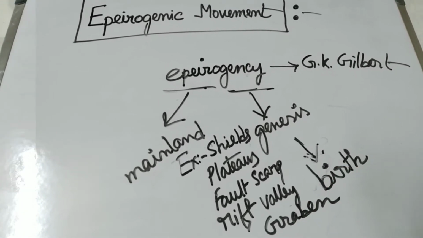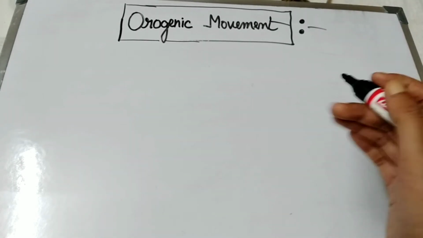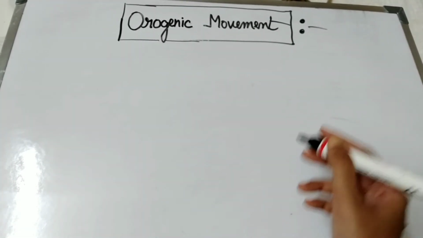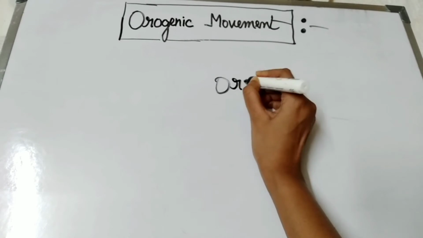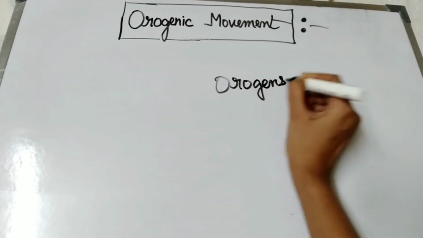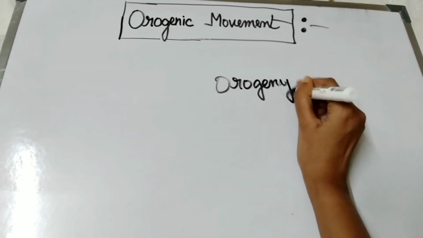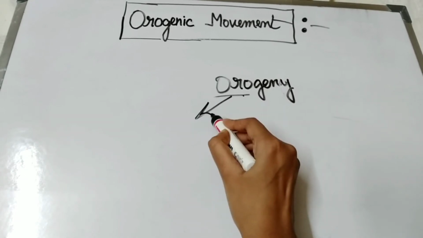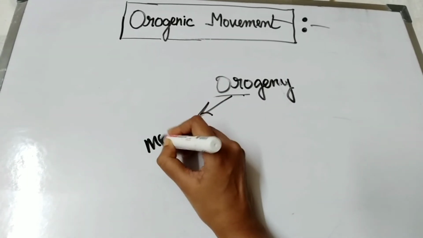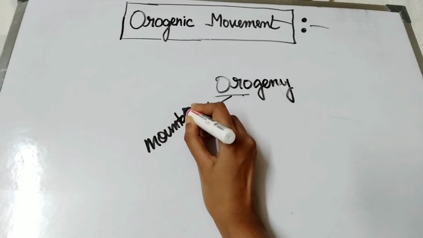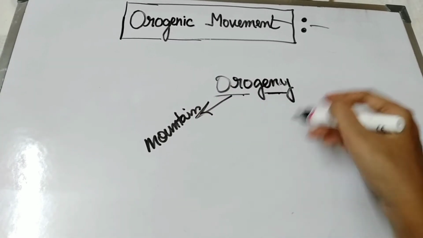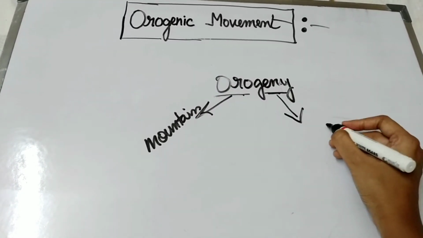Same as epeirogenic movement, the word orogenic movement comes from the Greek word orogeny. Oros is also a Greek word meaning mountain, and genesis means origin.